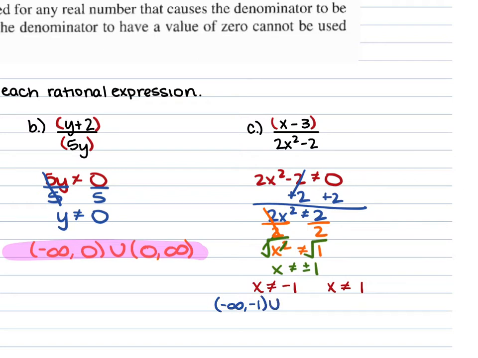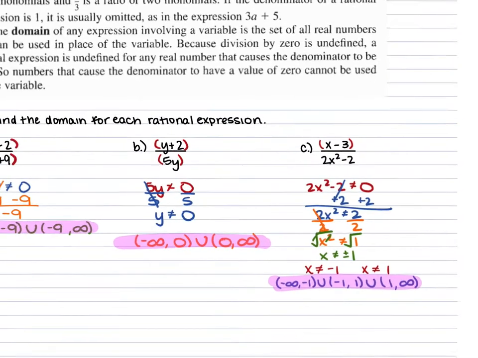We're going to have a union from that lesser number to that higher number, so that's negative 1 to positive 1, with a union of positive 1 to positive infinity as well. So you want to represent every single number from negative infinity to positive infinity other than negative 1 and positive 1.